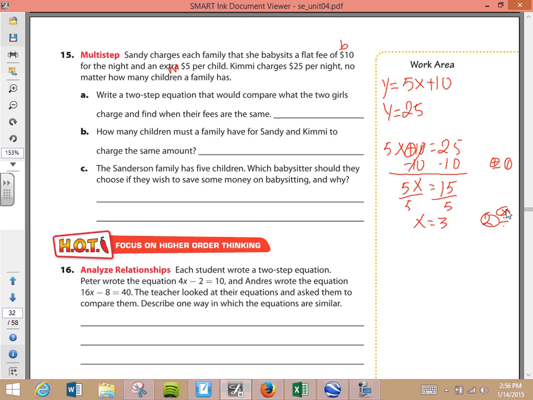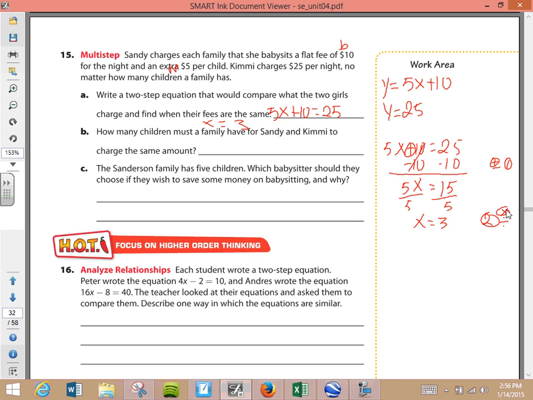This is beautiful. So the equation would be what I wrote right there, right? Which is 5x plus 10 equals 25. And the fees are the same when they have 3 children, right? So we'll put 3 here for x equals 3. That's how many children. Whenever you have 3 children, that's how much it will be the same.